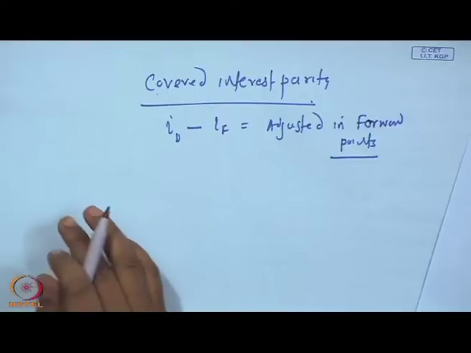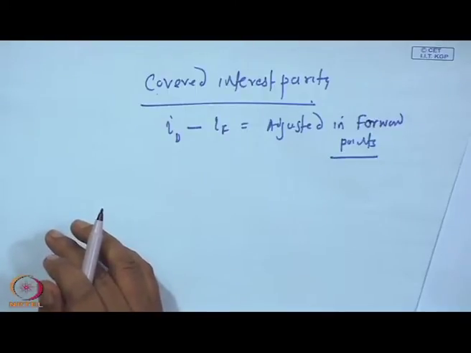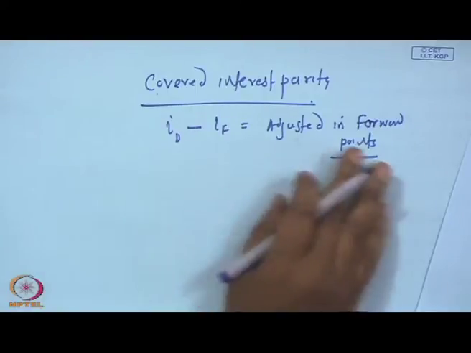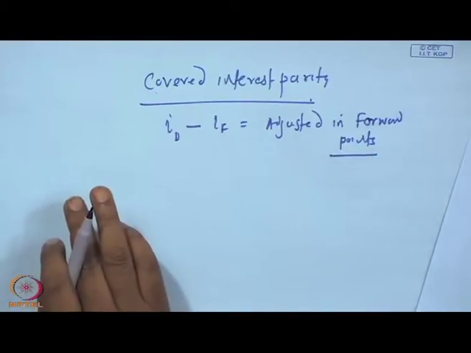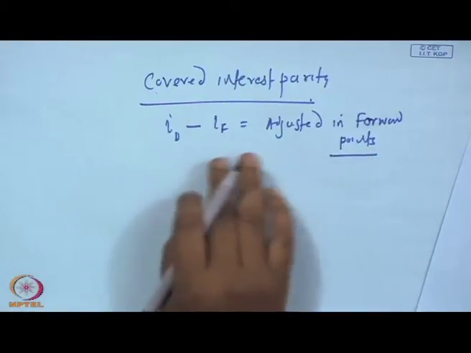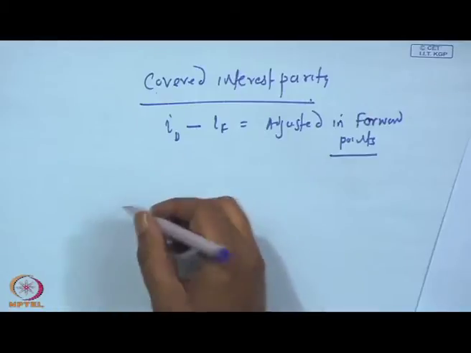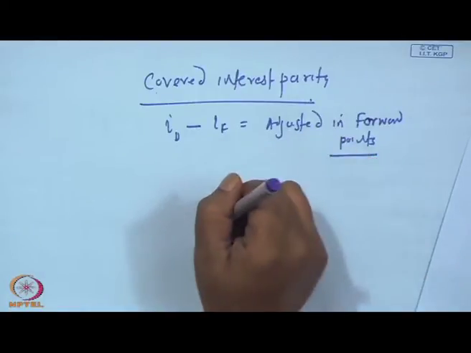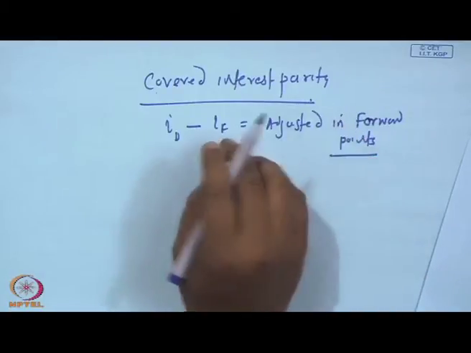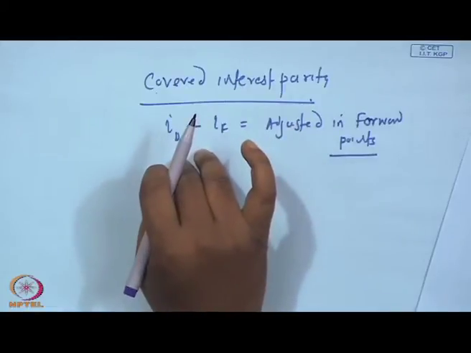As we discussed earlier, the forward point is a forward premium or forward discount, and that is adjusted in the spot rate. When you add the forward premium to the spot rate, the rupee will appreciate depending on the interest rate differential.